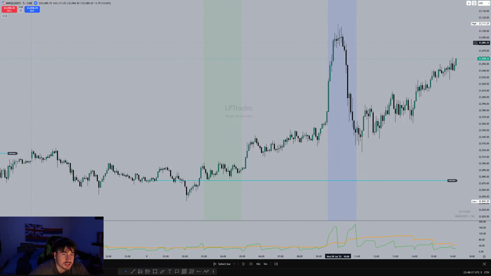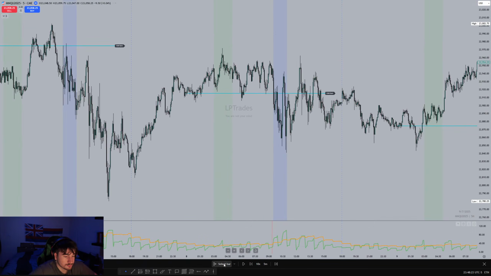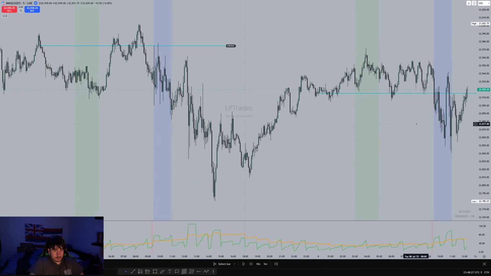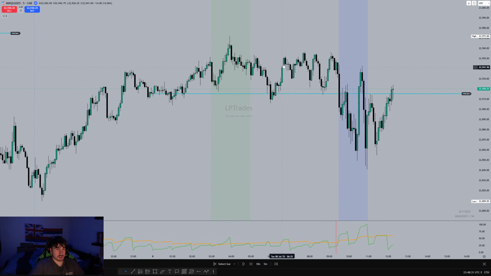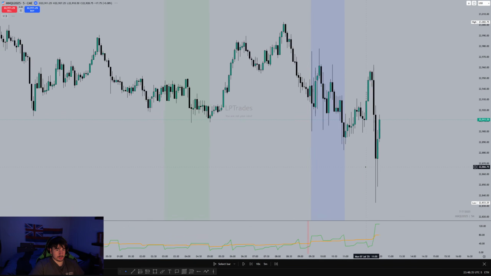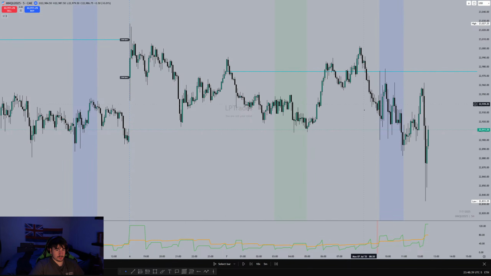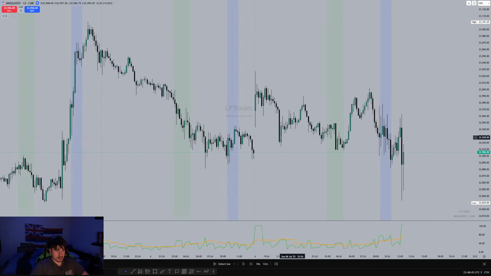No, by the time we would get a change of state of delivery, it's too late. It's 10, so no, I wouldn't do anything. Going back further, almost done with July, around midnight, consolidating, nothing to do. And we do take out overnight highs. Let's see if we get a change of state of delivery.